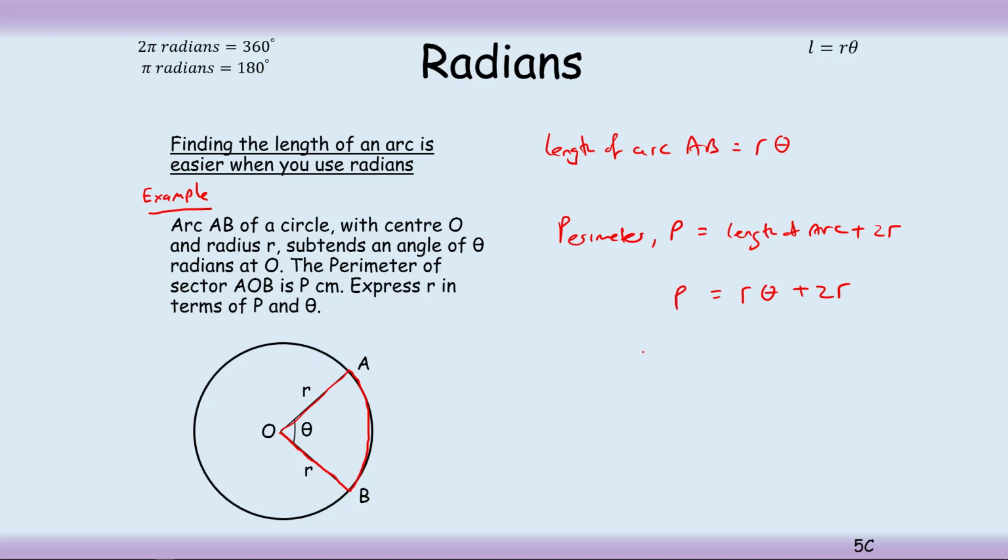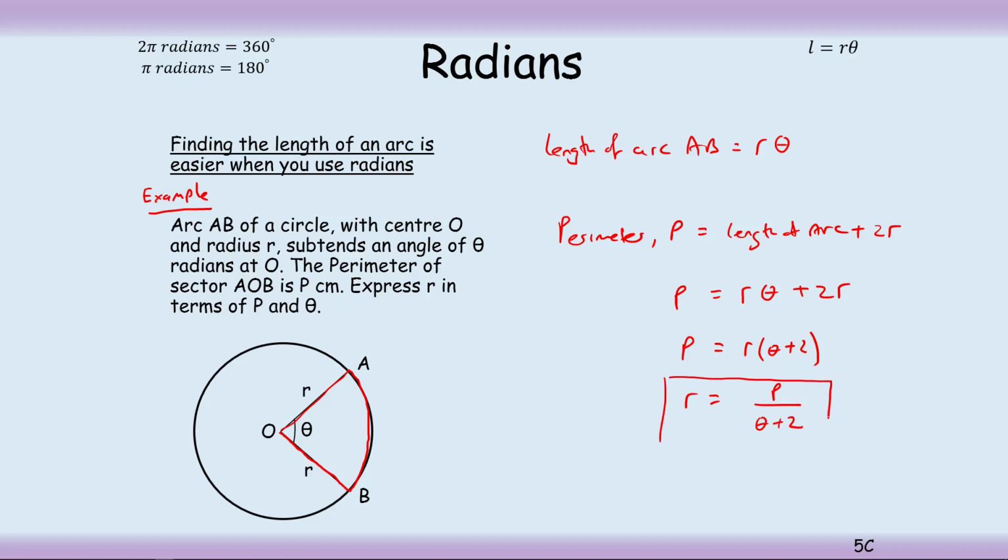Now they want us to express r in terms of P and theta. That means we've got to make r the subject. So we want to get r on its own. That means P is going to be equal to, if we factorize that, r times theta plus 2. So r is going to be equal to P divided by theta plus 2.